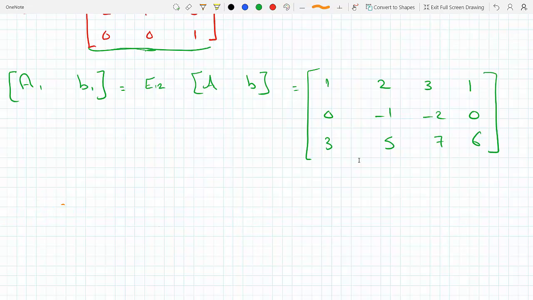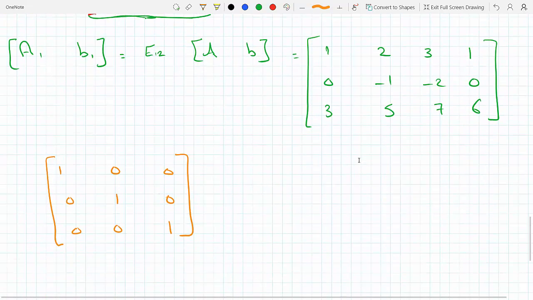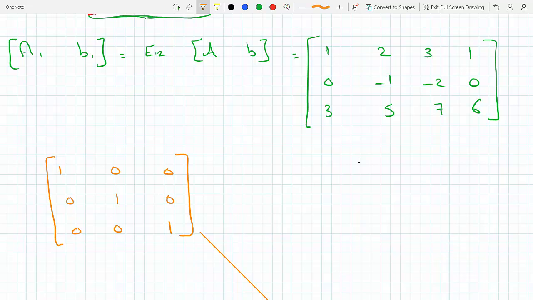or before, let me first write it out. So 1 0 0, so the identity matrix. So if I operate by that operation, minus 3r1 plus r3 on the identity matrix, I will get E2.